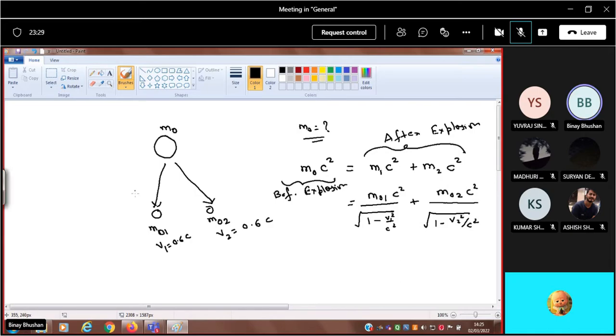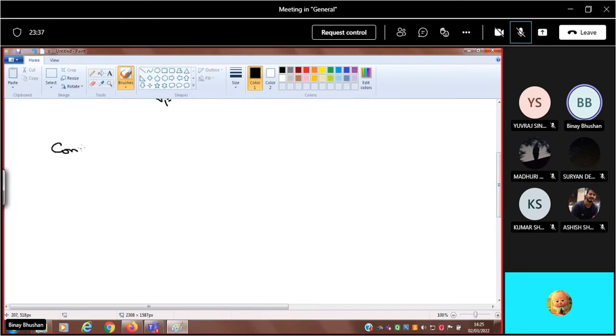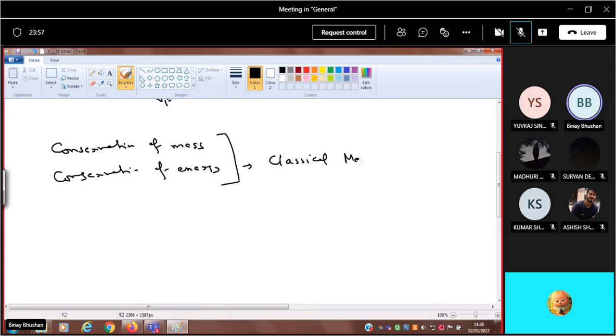In classical mechanics, you have conservation of mass and conservation of energy. Both are separate in classical mechanics, that means Newtonian mechanics.